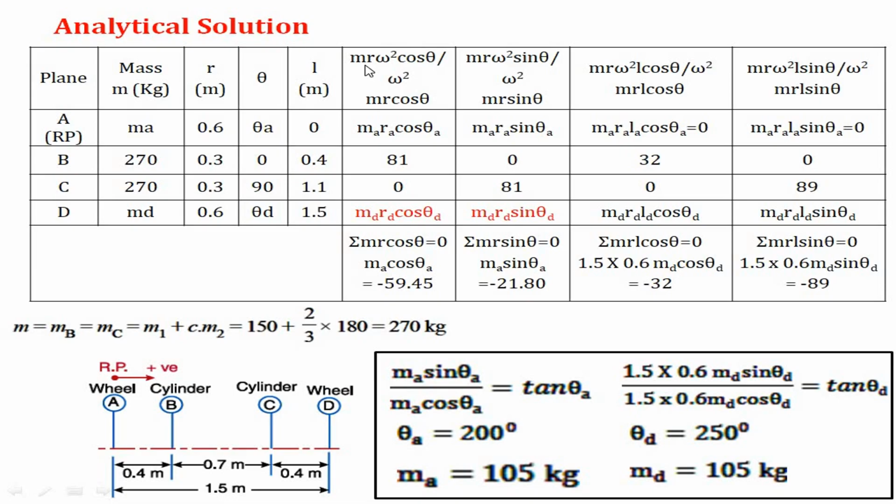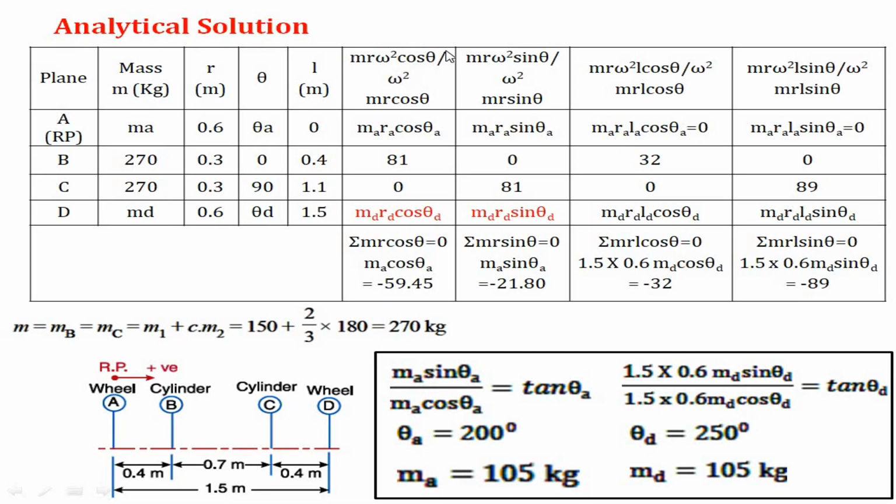Here, just for explanation, it is written as m r omega square cos theta, that is the horizontal component of the centrifugal force m r omega square. For mathematical simplification, we are avoiding omega square here. So it has been written as m r omega square cos theta by omega square. Otherwise, in each and every calculation, we would have to repeat the value of omega square.